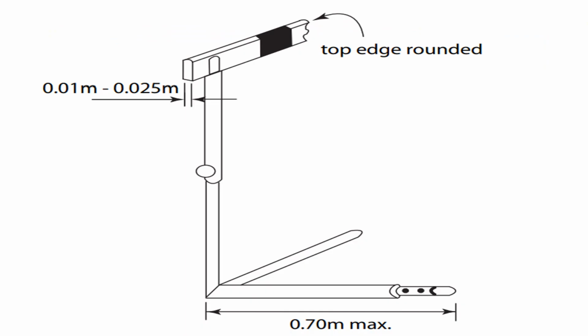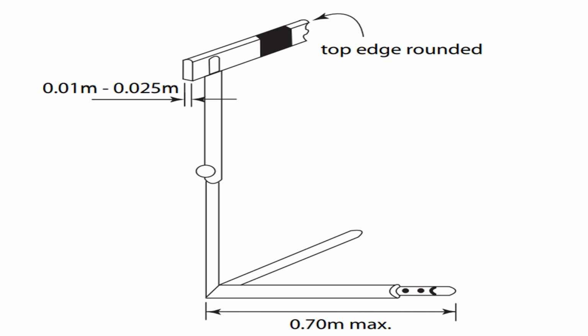Now, as you can see in this picture, the thickness of this wooden part is 1 centimeter to 2.5 centimeters, and the upper edge of this wooden part is rounded, because if it is not rounded, it will have a sharp corner and it can injure the athlete.